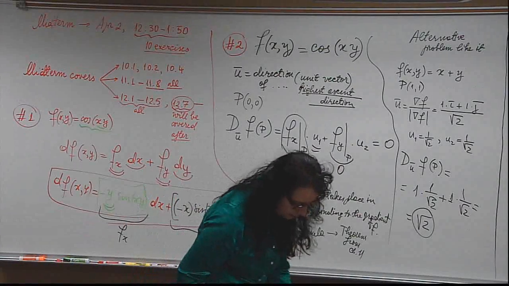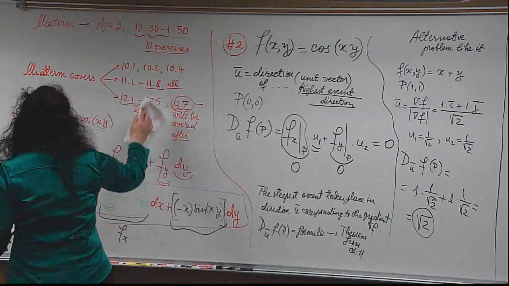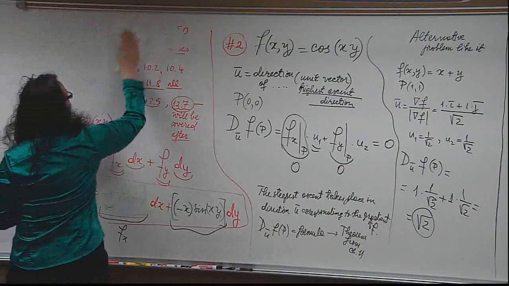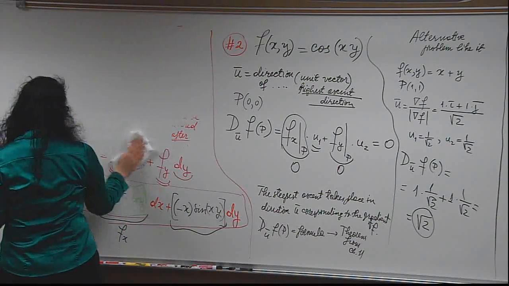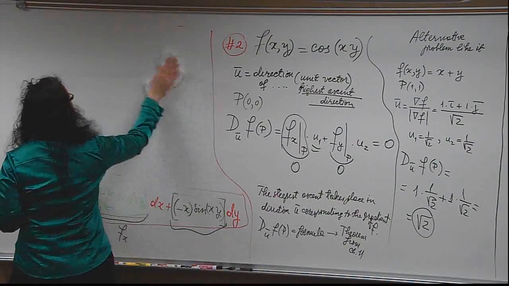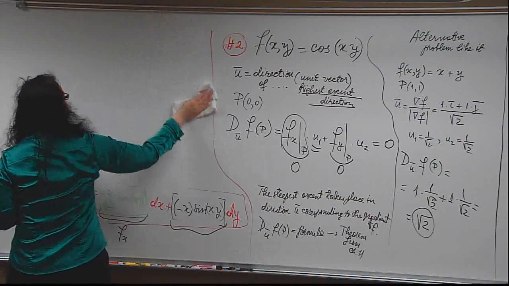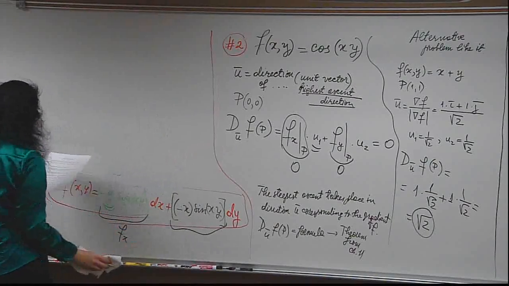For the function f of x, y equals cosine of xy, as if we never saw that before, find the gradient. What are you supposed to write on such a problem to justify your answer?